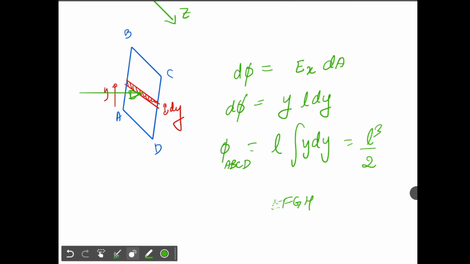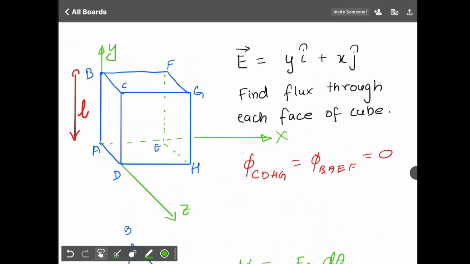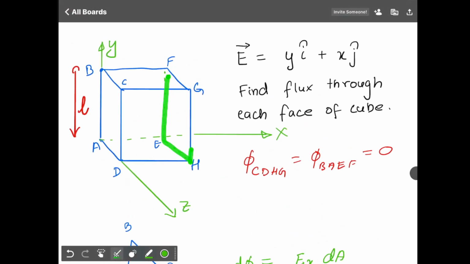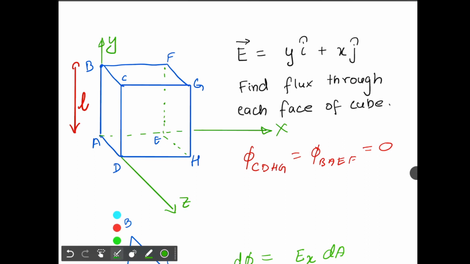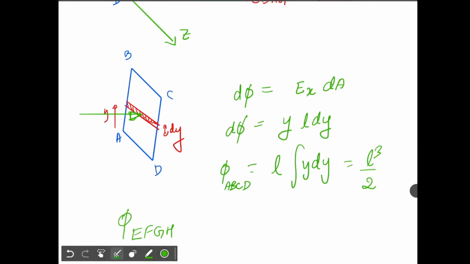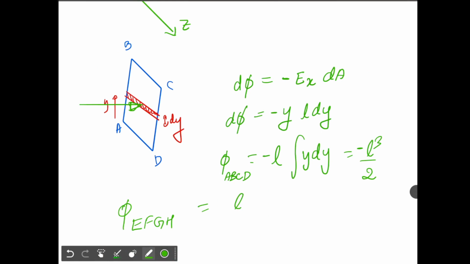Let's write it separately. Flux through this face EFGH. Here field is going into the box, but here the field is coming out of the box, positive x direction. So flux through ABCD will be negative. I need to put a minus sign over here. Minus L cube by 2. While flux through the EFGH will be plus L cube by 2.